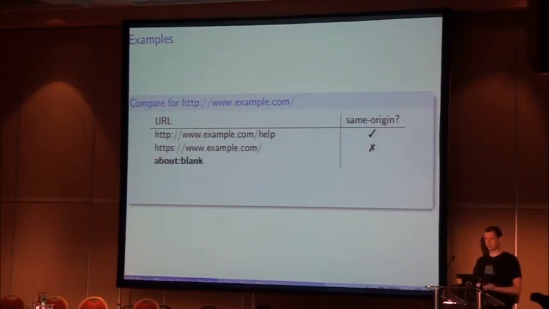What about this one? Somebody's nodding, somebody's shaking their head. What is this kind of URL? Most people should know, this is what the browser displays when it shows an empty page. The pseudo URL is called about:blank. So about is not really a protocol, is it? It's kind of a pseudo protocol.